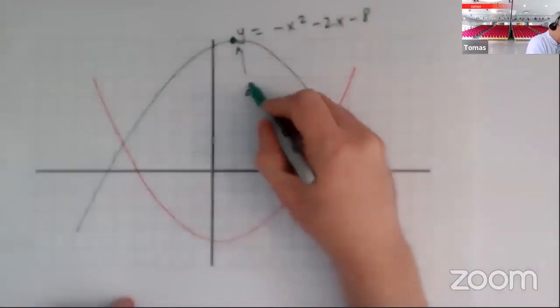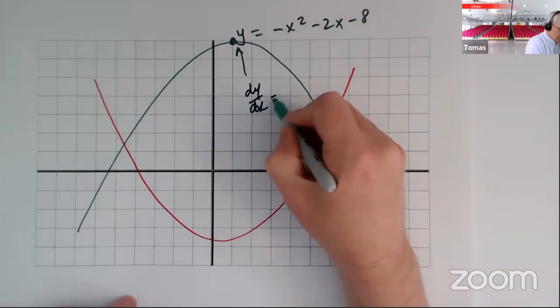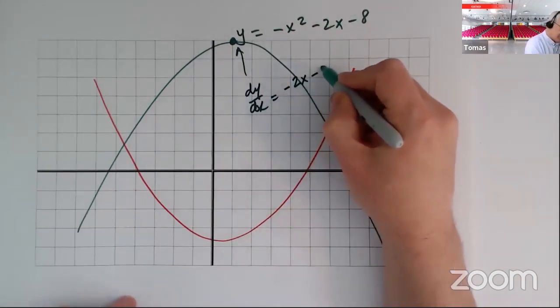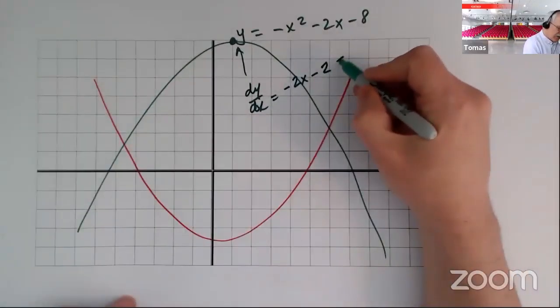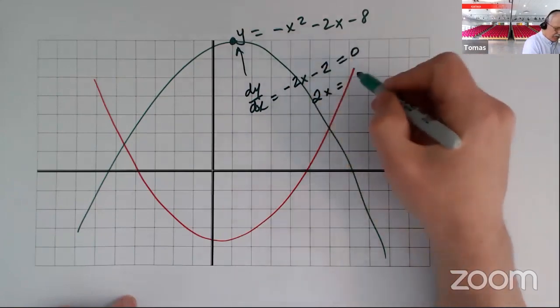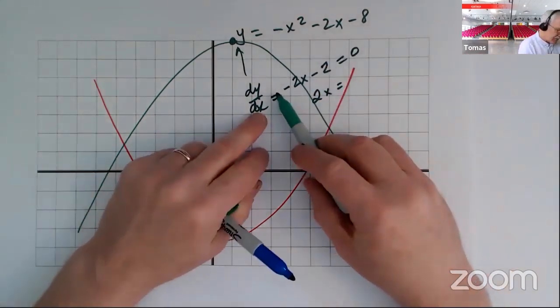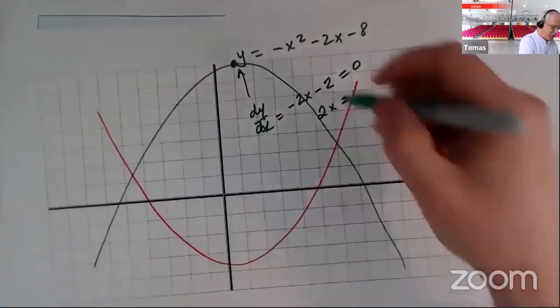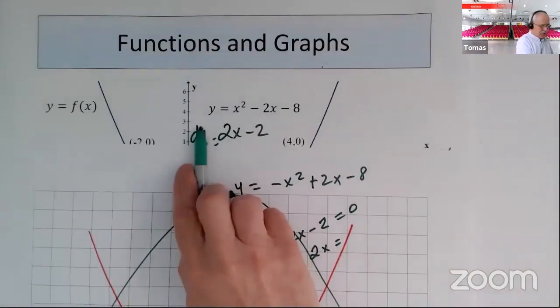Well, you'd get dy/dx. You'd make that equal to 0. Say that again, get that right. Apologies, that was a plus 2x, because I have to make minus for everything.